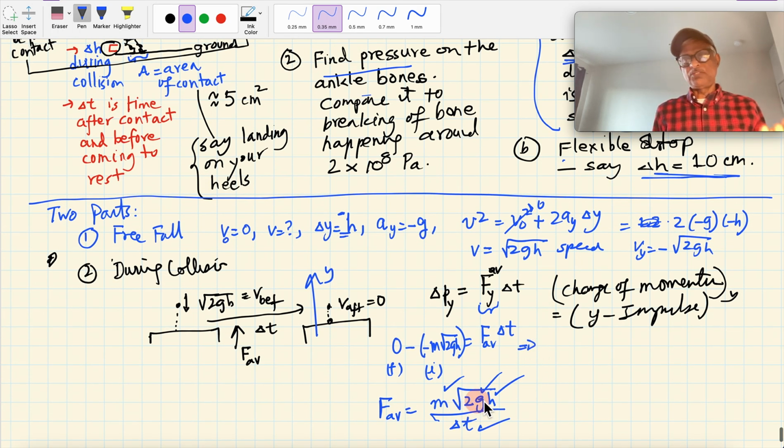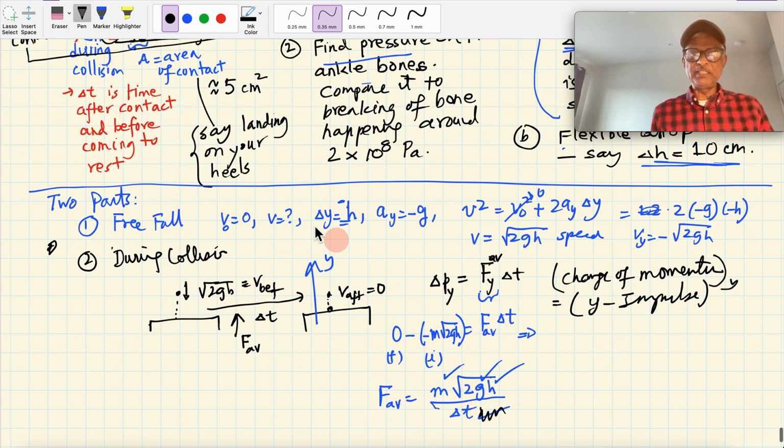If delta t is not given, then you can actually find it, because delta h is given. So let's say delta t is not given. It will be related to delta h.